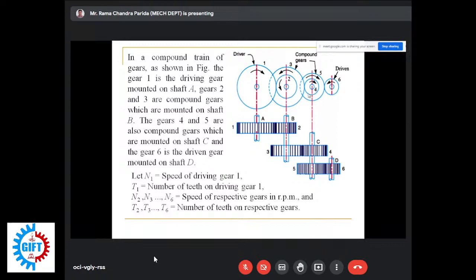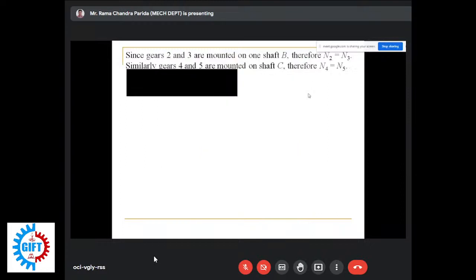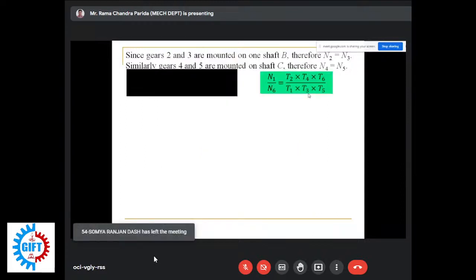Okay, solve it. So this will be your final expression as mentioned in the previous class. Since gears 2 and 3 are mounted on the same shaft, their speed will remain the same, N2 equal to N3.